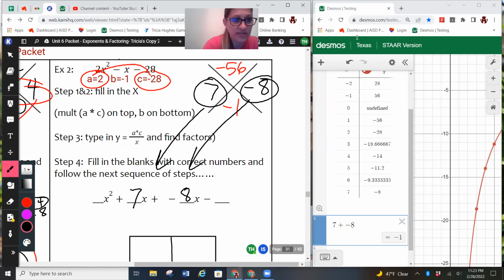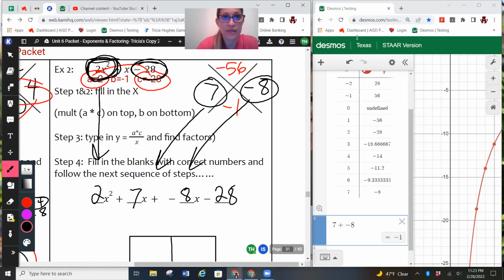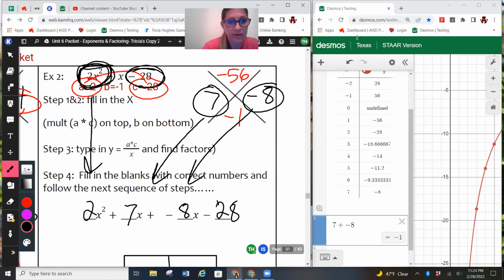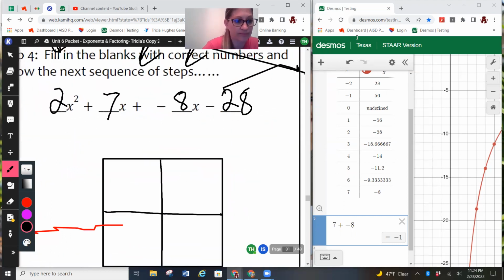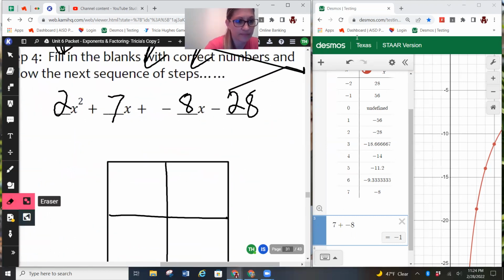Now, we take the original 2x squared and put that back here, and the original minus 28 and put that here. Now we have our 4 terms that were in the box. So remember, now let's get our guess and check method ready to go.